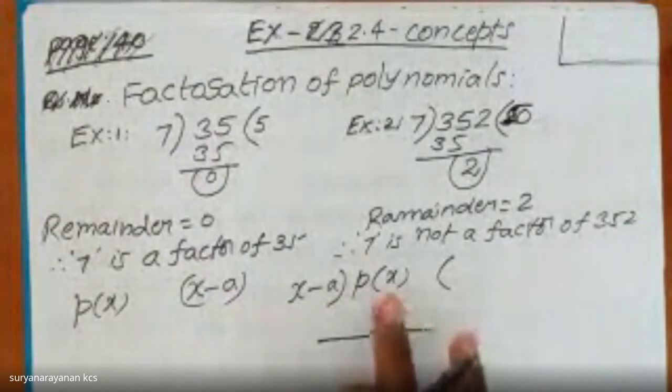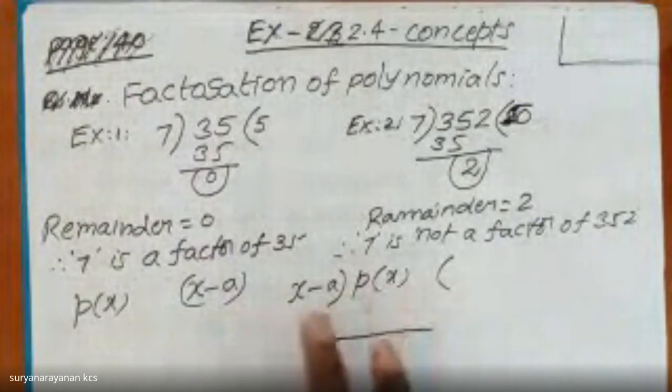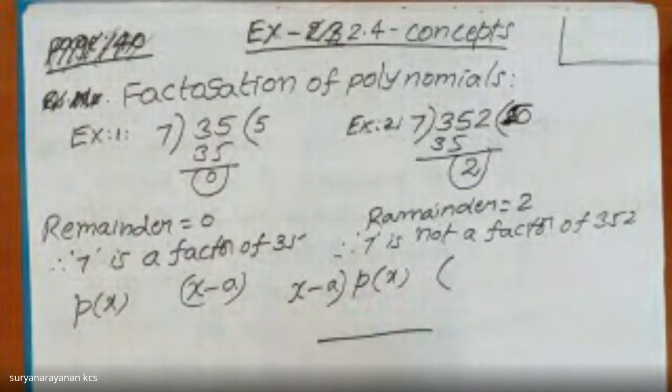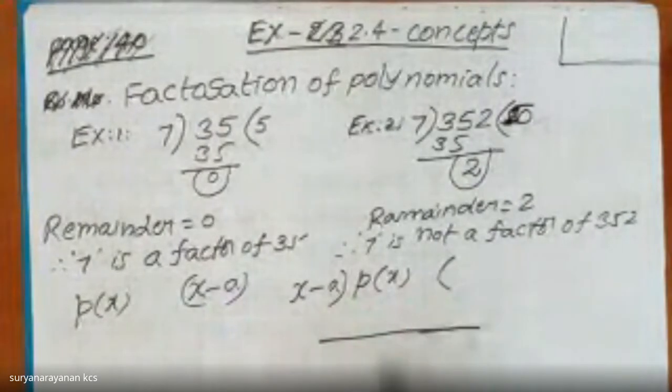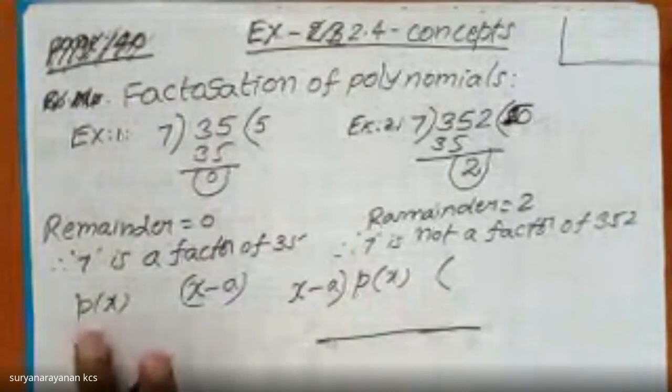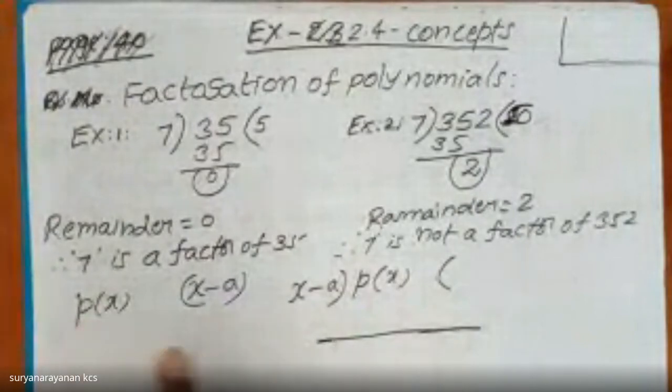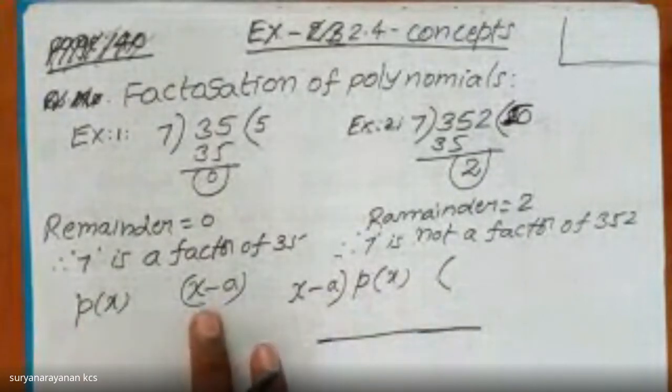If you divide this polynomial P of x by x minus a, what is the remainder? By the theorem, can you tell me what the remainder is? Sir, it can be any remainder. Sorry?